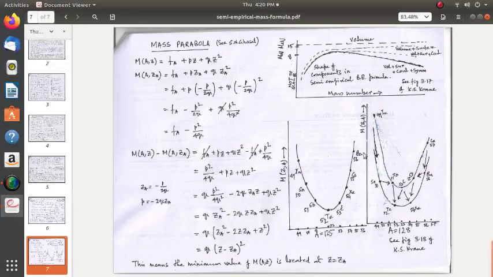So suppose you start with odd-odd. So by beta decay, a negative charge will go out, so a neutron will be converted to a proton. So now the neutron number is even, the proton number is also even, because a new proton has appeared.